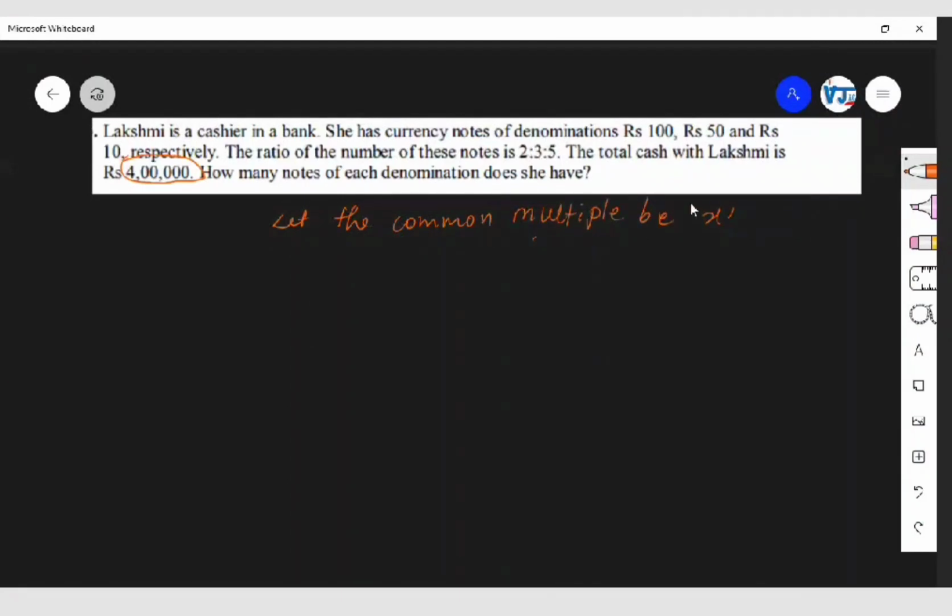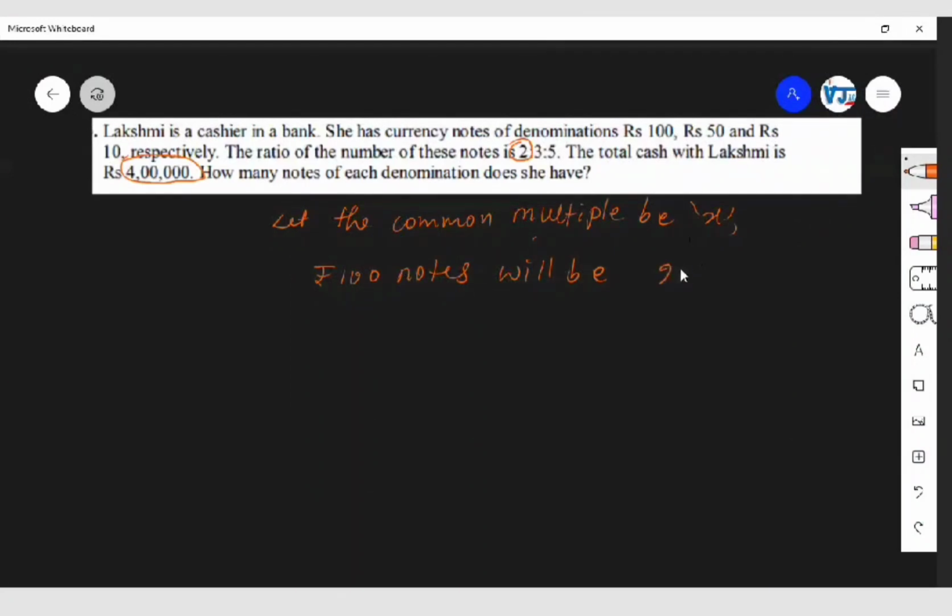Then 100 rupees notes will be, what is their first number? Yes students, 2.